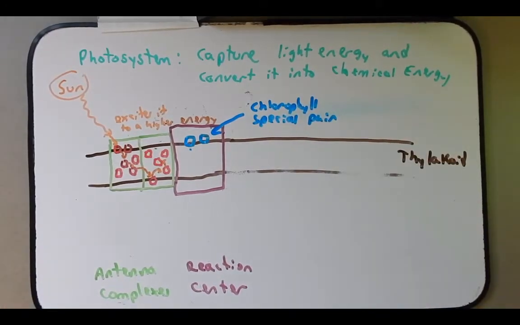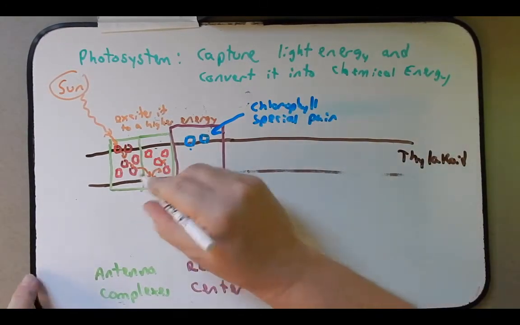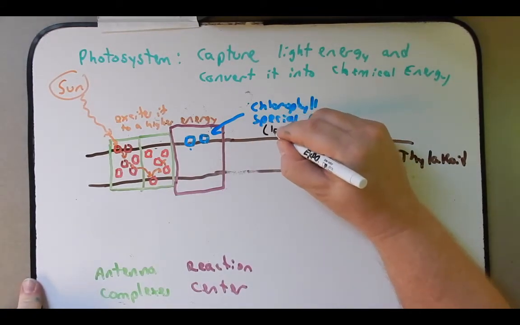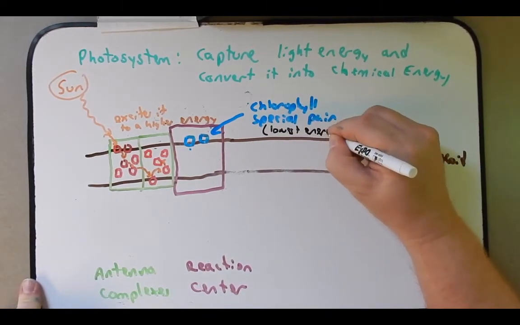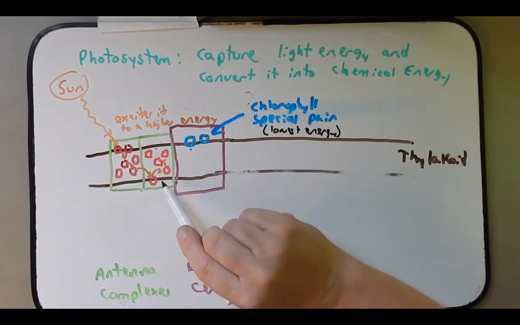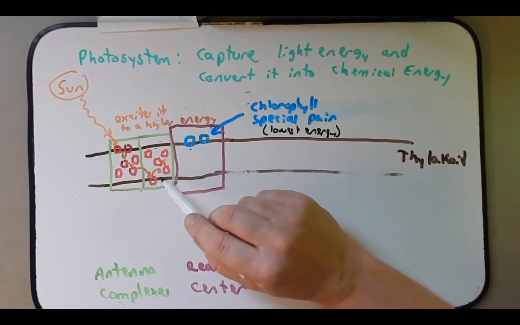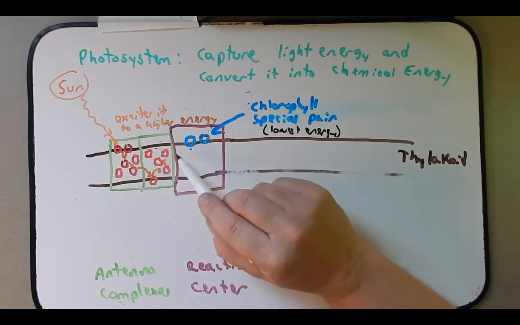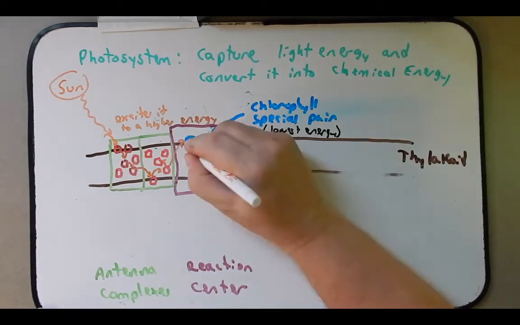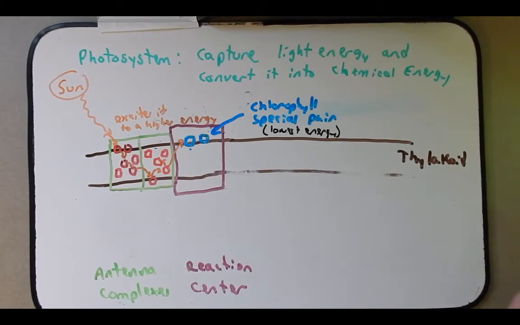And what makes them unique is that of all the chlorophylls that we've seen so far, these are at the lowest energy. This is where that unstable energy from the antenna complex ultimately will move to. And at this point, there are no other chlorophylls for it to transfer to because we're at the lowest pair.